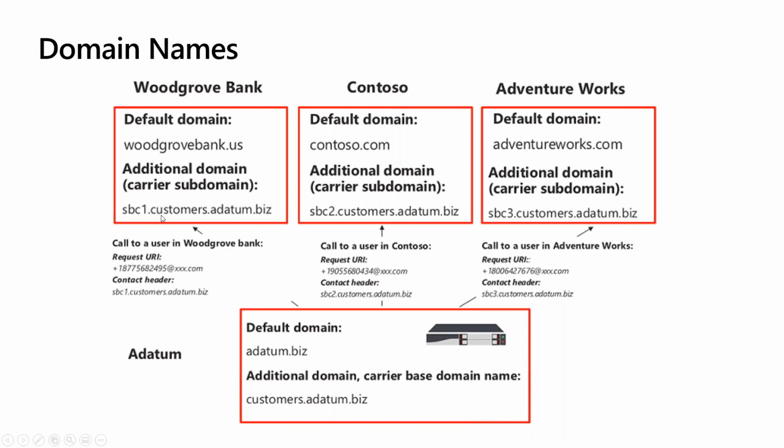So this is important. If you want to deploy this, you need to do something on your tenant, because you cannot add an SBC if the domain is not known in your tenant. So the carrier will have customers.adatum.biz, and every customer will have a separate name in here.